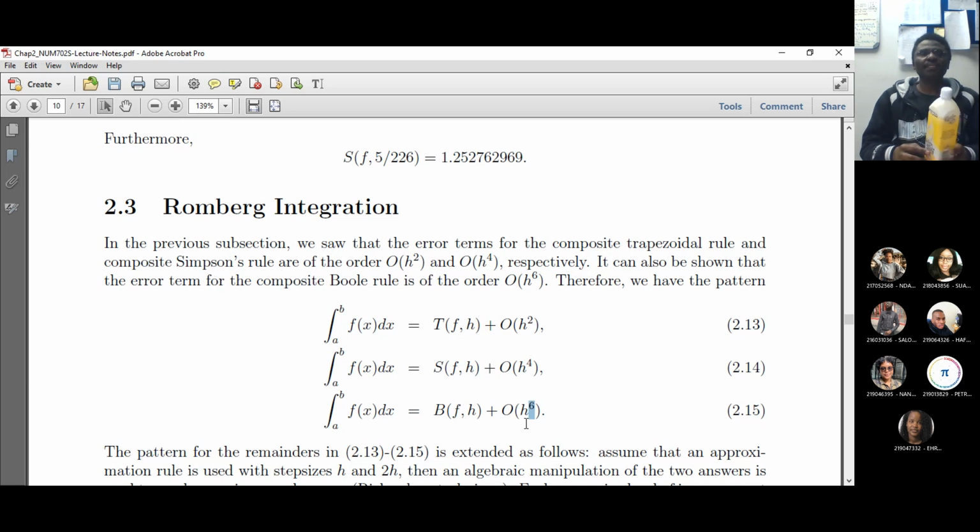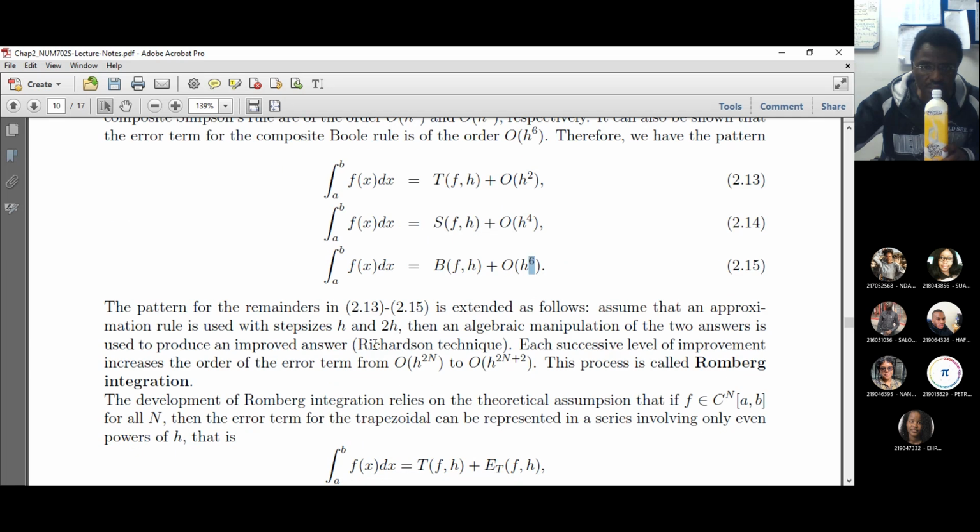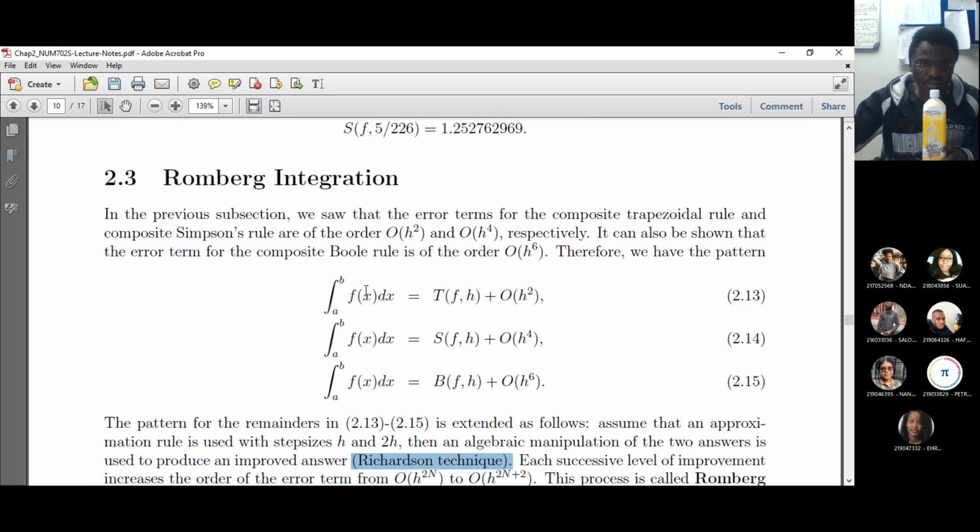But now the procedure, which is called the Richardson technique. When you apply that Richardson technique to an integral, the process is called the Romberg integration process, because the rule that you will be using is an integration rule.